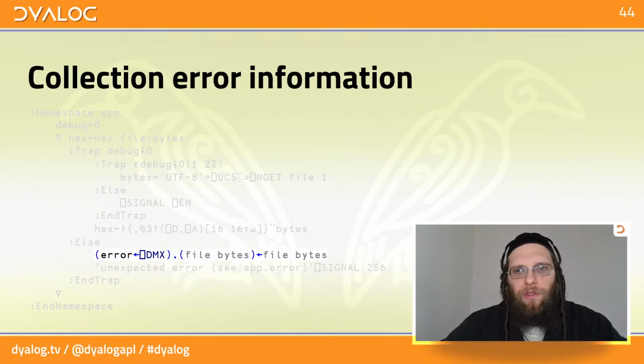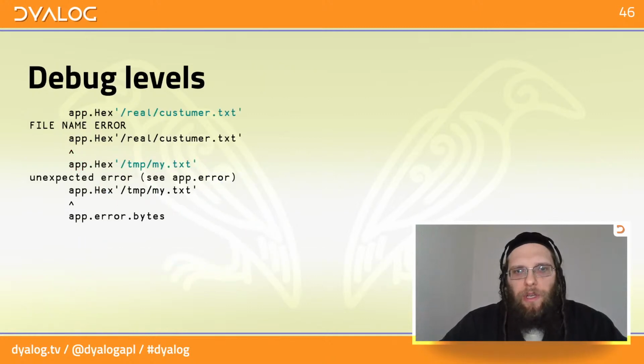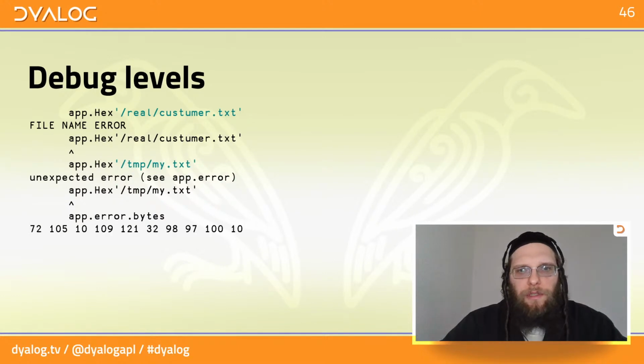So all in all, it adds what, 4 lines of code. So we put this back in with the extra information, and now when we hit our error, we can look at the bytes in the error namespace. Great, this was all threadfins.